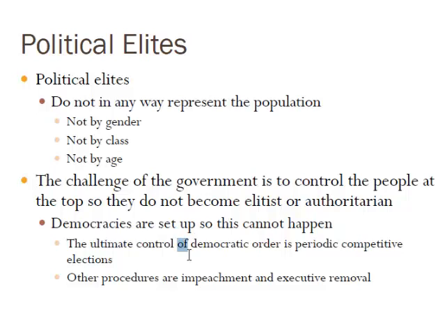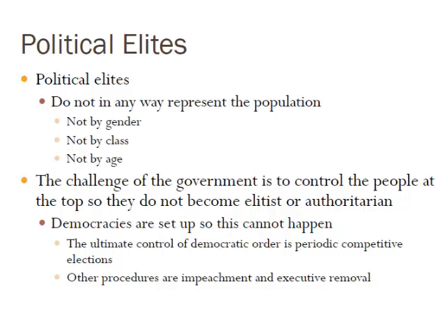And obviously, the thing that helps with this is having periodic competitive elections. The more elections you have, the harder it is for anybody to gain a large amount of personal power. You also have impeachment and executive removal. If a president starts committing crimes and gets too full of himself or goes over the top, then the president can be impeached by Congress.